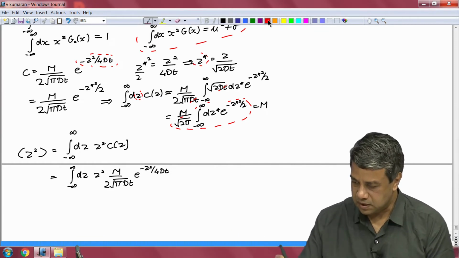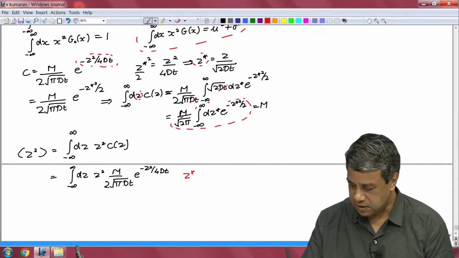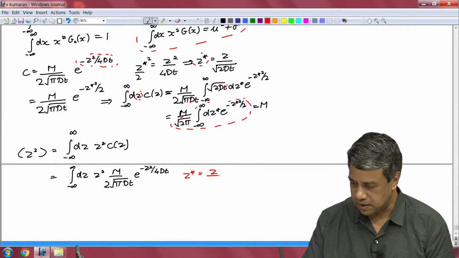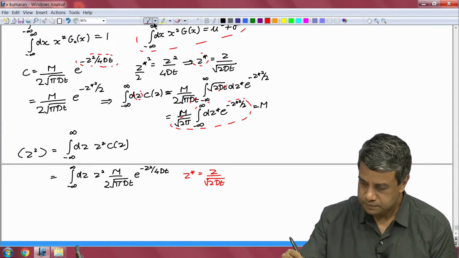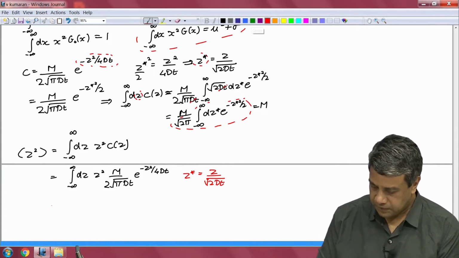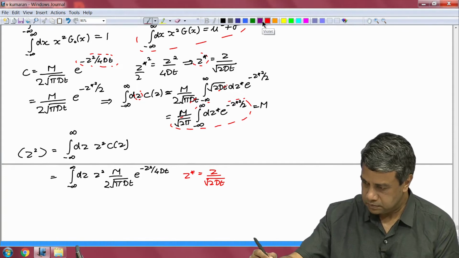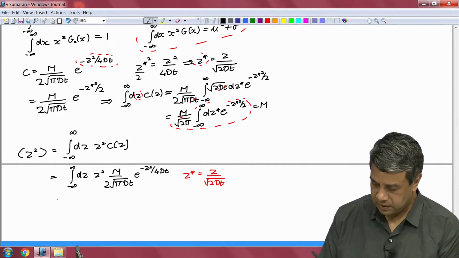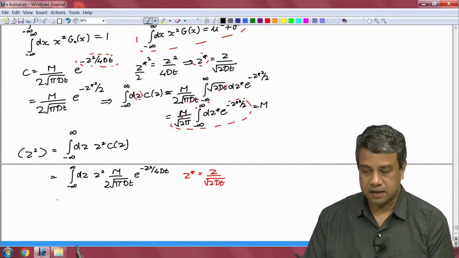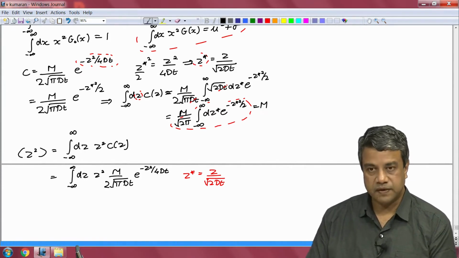And I use the transformation z star is equal to z by root 2 dt in this expression. Kindly correct it here. So, the variance, right.